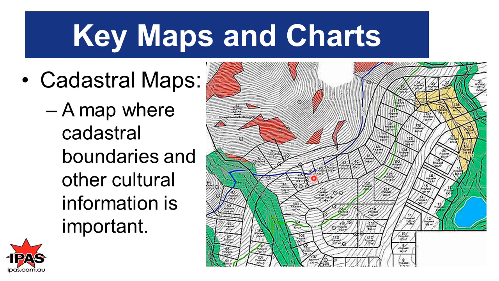So in this case, this block has got 1, 2, 3, 4, 5, 6, 7, 8 contour lines from one end of the boundary to the other end of the boundary. So that could mean a fall of 8 meters, or if they're 50 centimeter contour lines, it's a 4 meter drop. So I'm not quite sure what the scale would be there. I would suggest it's probably a 4 meter drop or something similar.